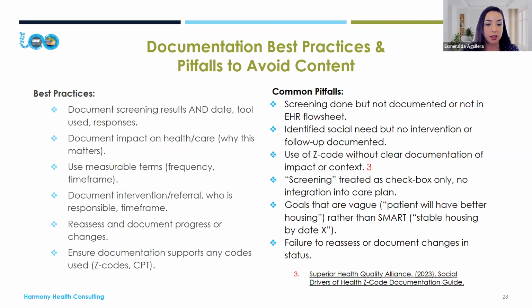Okay, so building off the previous slide that we were talking about, documenting, the why it matters. The impact on health is crucial. Use frequencies and timeframes when writing your outcomes. Every time you are creating a goal, just have that in mind. What is that timeline going to look like in those outlines? And then the other part is your outcomes and progress. What is it that you are hoping to accomplish with these?